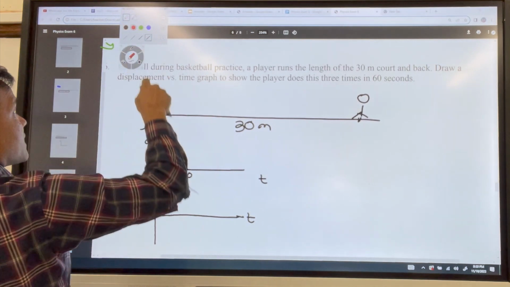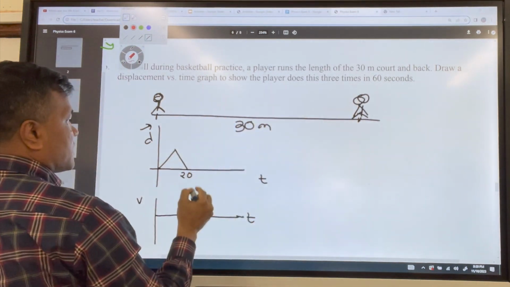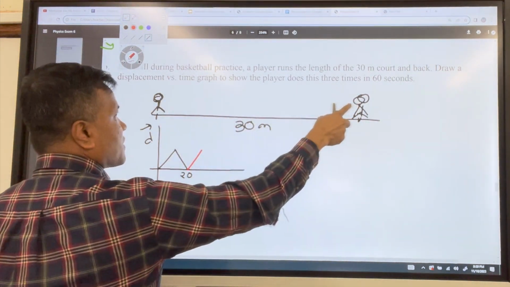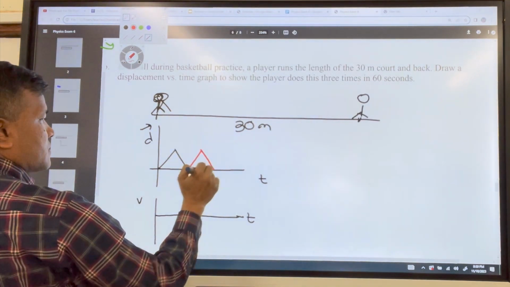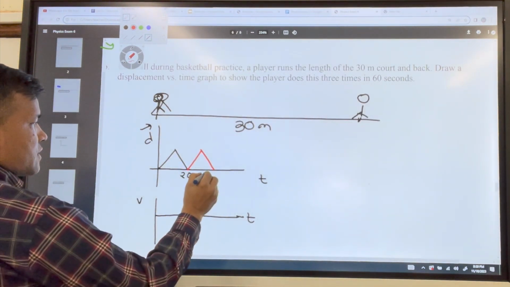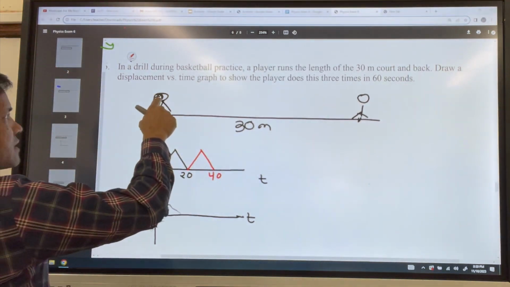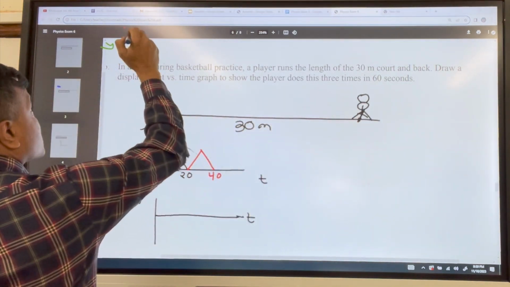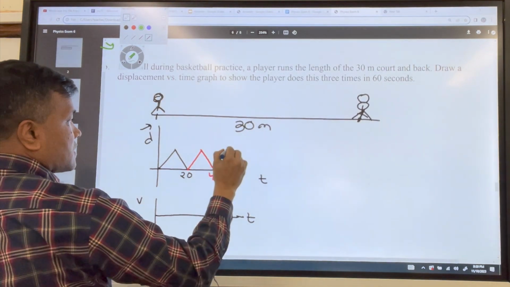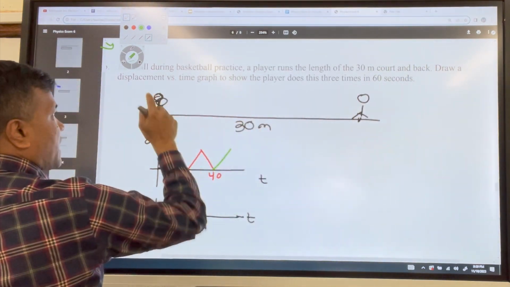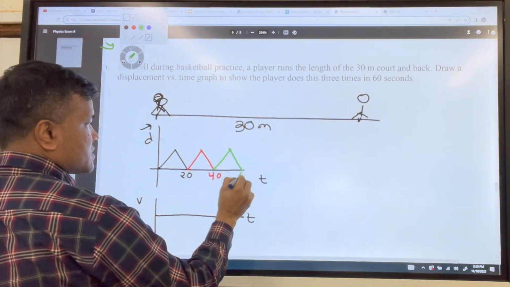Now this guy goes over here, and comes back, that is 40 seconds. Let's change the color, this guy moves and returns back. So this is 60 seconds.